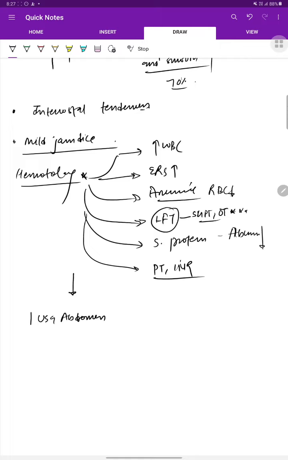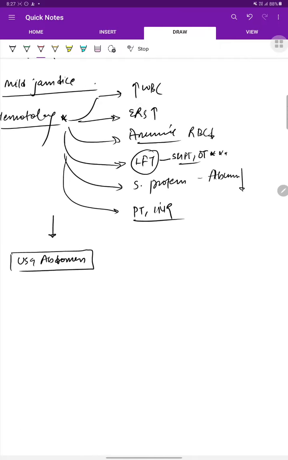From this clinical scenario, we are not yet getting the actual diagnosis, but we can make some differential diagnoses. What are they? Maybe it is acute cholecystitis.